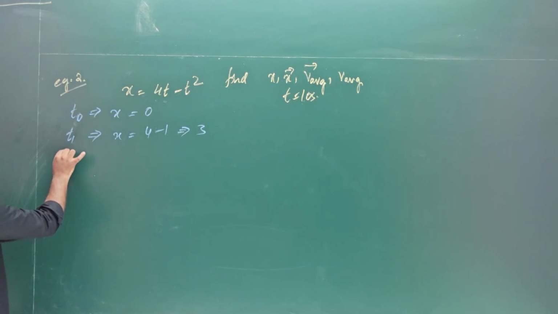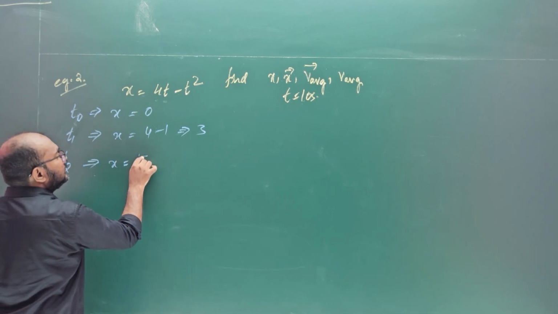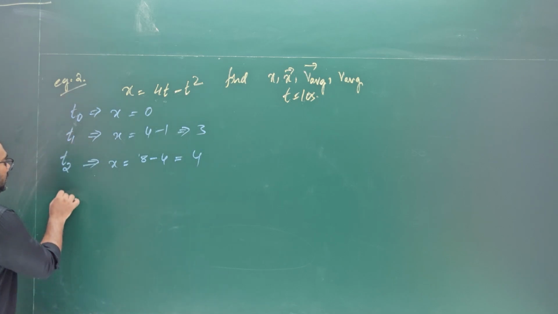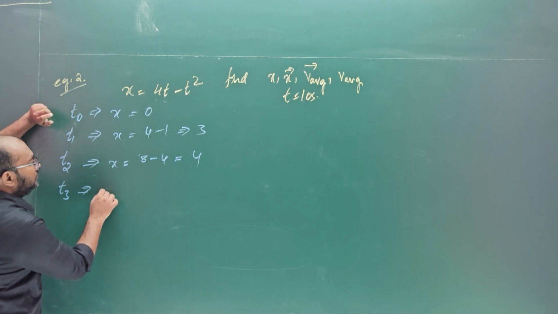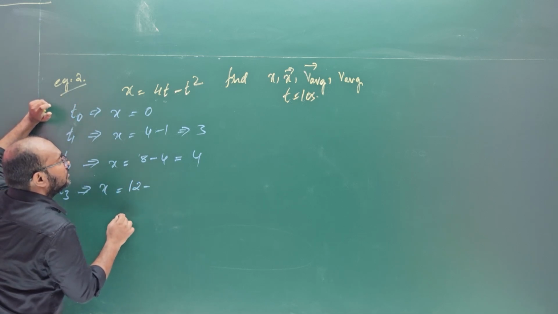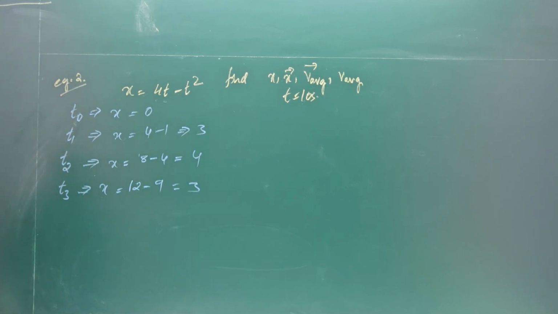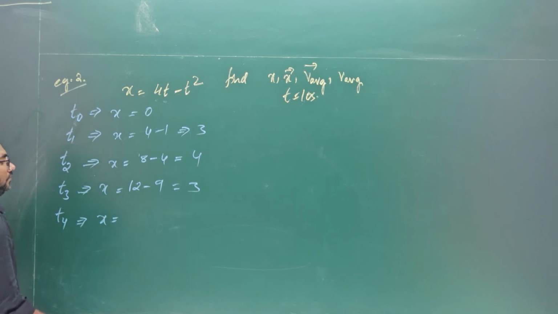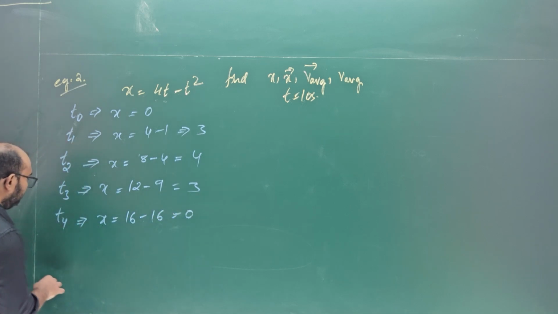At t is equals to 2 seconds, x value becomes 4 twos are 8, minus 2 square 4, this is nothing but 4. At t is equals to 3, 4 threes are 12, minus 3 square, that is 9, that is again 3. Let's see ahead. At t is equals to 4, x is equals to 4 fours are 16 minus 4 square 16, 0.